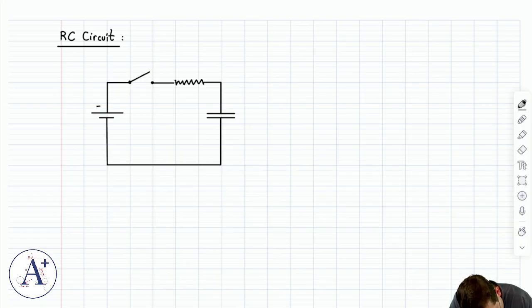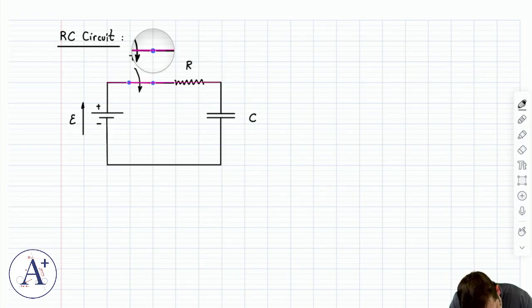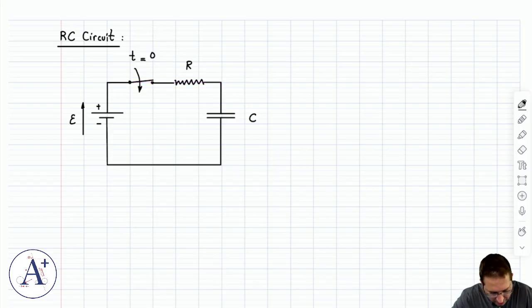Okay. So the battery is going to have an EMF, or voltage epsilon, typically. This will be C, this will be R. And as we close the switch at t equals 0, what happens is that current will start flowing out of the battery through the circuit.